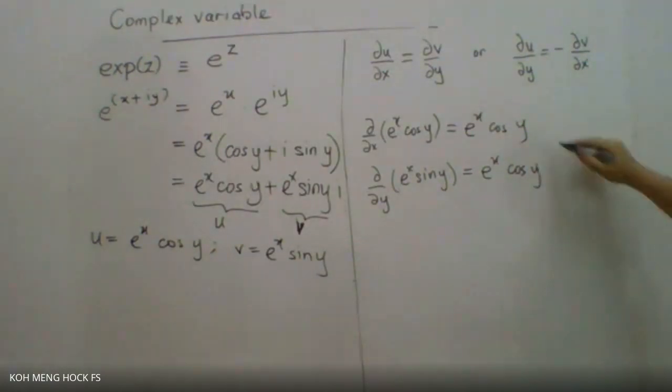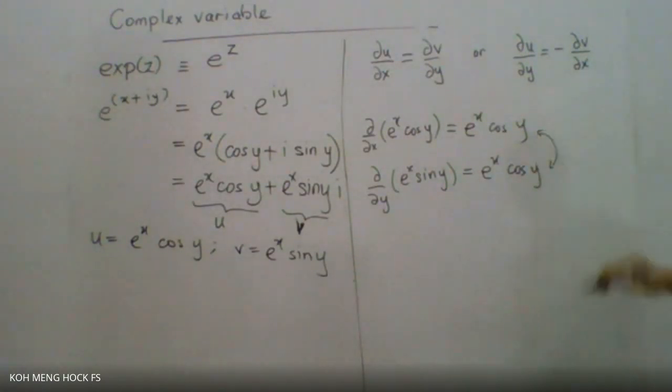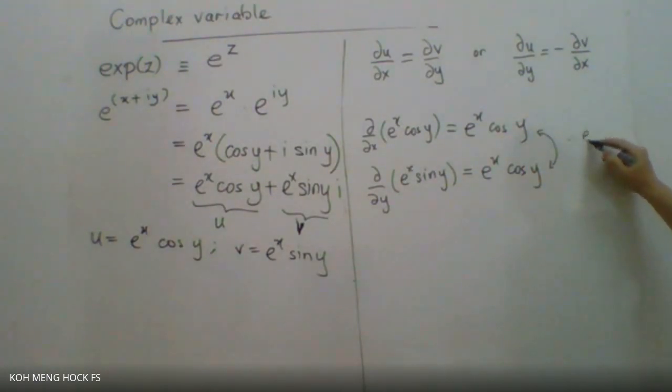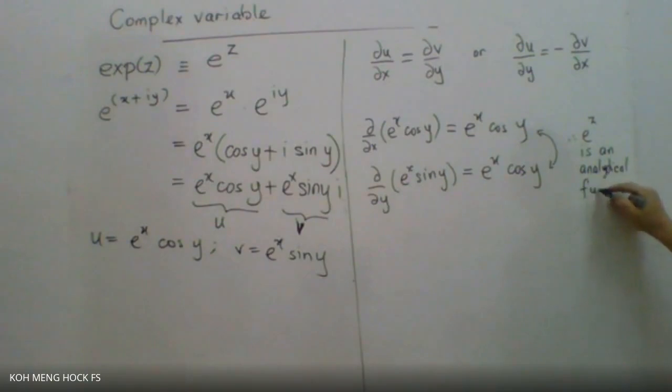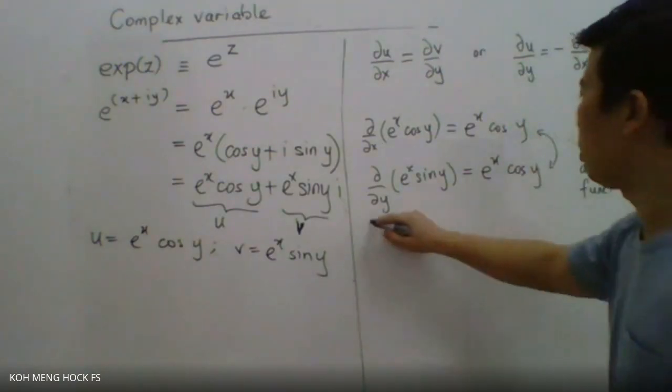So here you see these are the same, and therefore exponential z is an analytic function. If you want to use the other one, you'll see that this is going to be the same too.